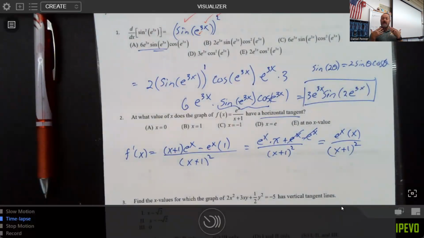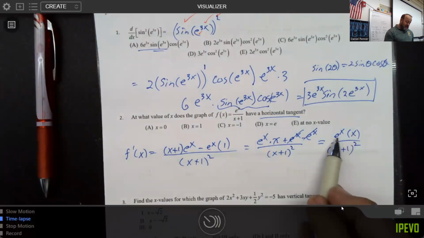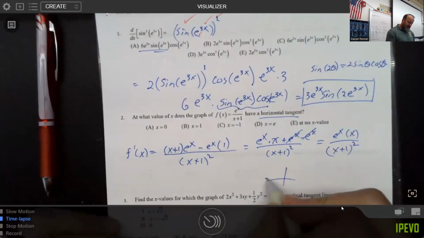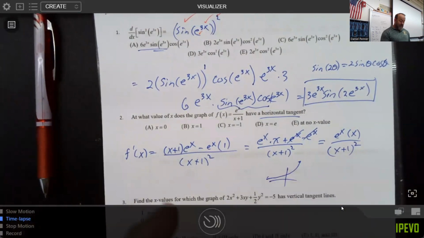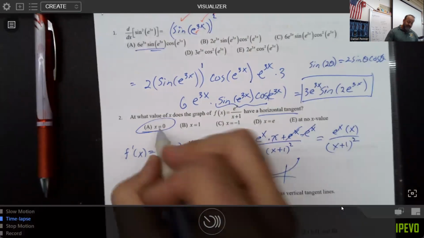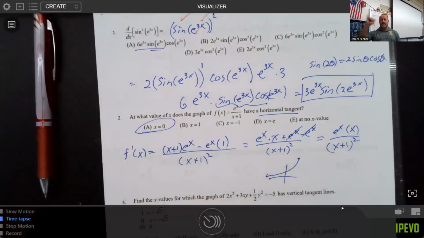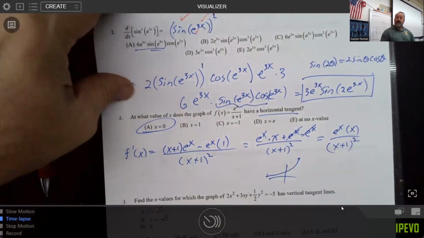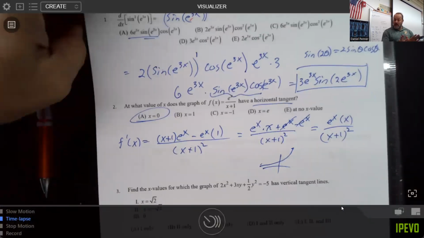Well, the only way that a fraction can ever be 0 is if the numerator is 0. And e to the x is a graph that looks like this, and it can never be equal to 0. But of course, the number x itself can be 0 if x itself is 0. I noticed that I just completely ignored the denominator because I did not need that little piece of data at all.